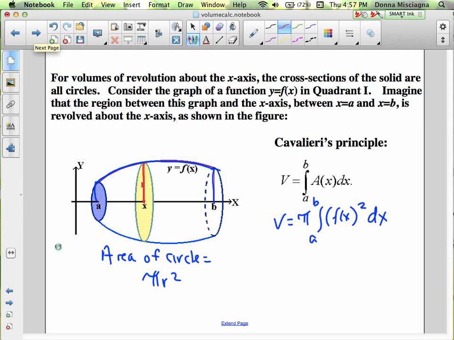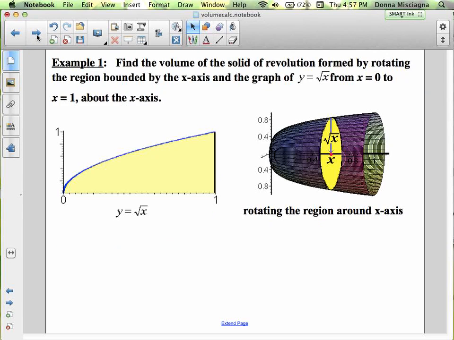So the area of the circle is pi r squared, and that r is the value of the function, squared. That's all there is to these. And I have these graphed in this part of the lesson. I think in the later part of the lesson, they're not graphed.